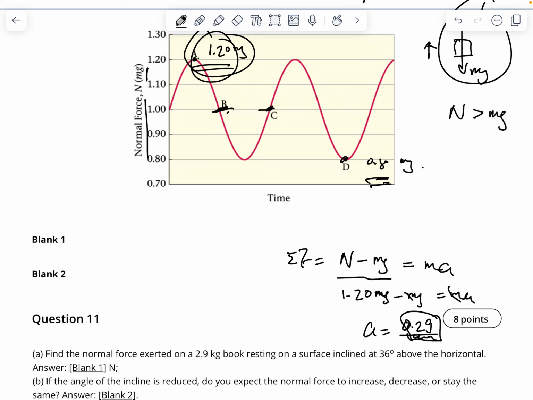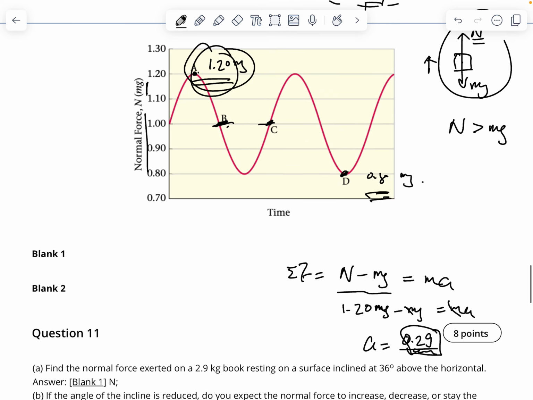B and C, because normal force equal to the weight, no acceleration. D, what's the acceleration at D? Well, net force, right: mg bigger than normal force, so mg minus normal force equal to ma, right? So a equal to, you see, the mass cancels, right?